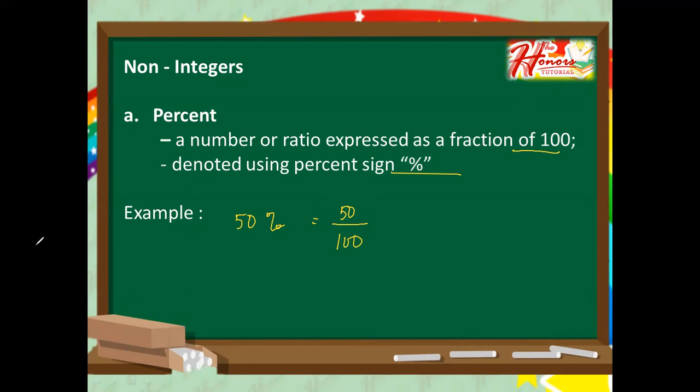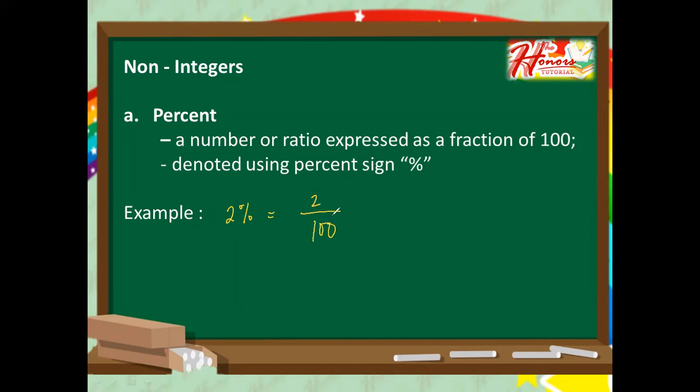Another, let's say that we have here 2%. Just like 50%, it means 2 per 100. So if you want to transform this into a fraction, just write 2 over 100 and that's it.